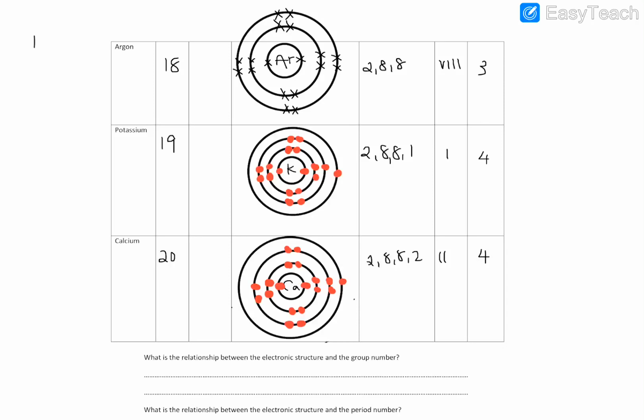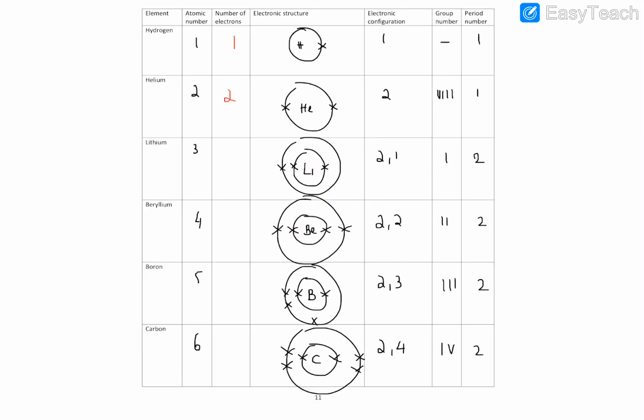Okay, now let's see the relationship. If you look at the group number, let's have a look at all the group numbers. This one, let's ignore, this one is an exception. So let's look at the group number. Group 1 ends with 1. Group 2 ends with 2. Group 3, electronic configuration ends with 3.